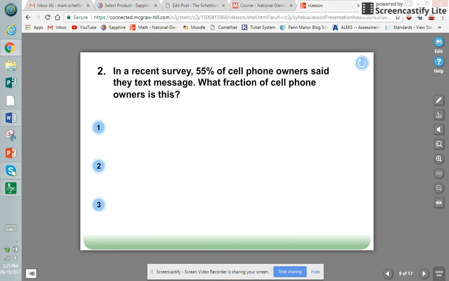How about another problem? Here's a little bit more complex. It says, in a recent survey, 55% of cell phone owners said they text message. What fraction of cell phone owners is this? Well, we see a percent. We're going to need to change that to a decimal. 55%. Where's the decimal right now?